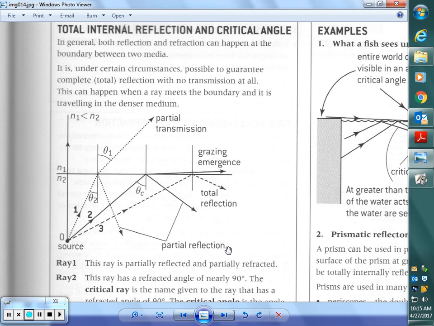We talked about that when a ray encounters a different medium, there will be partial reflection and partial refraction. Okay? But here, let me get this picture.